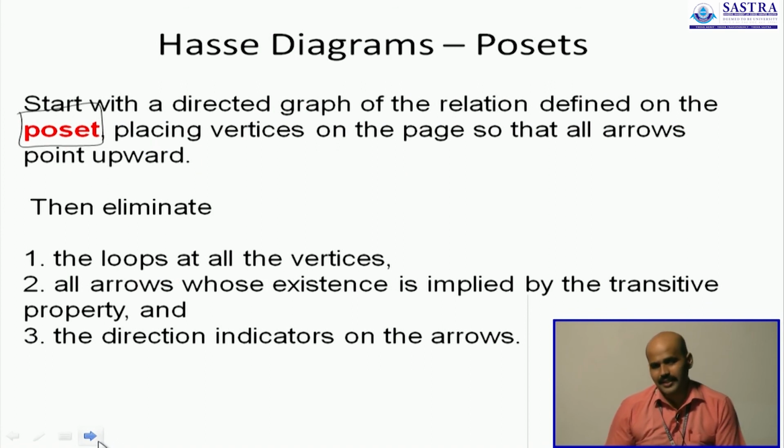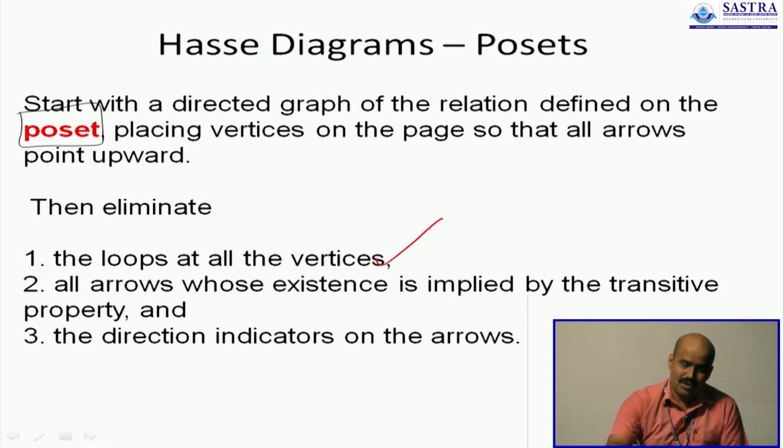Even if I don't draw a loop between 1 and 1, the way in which I have defined my Hasse diagram will help me identify that the pair A comma A is always part of the given relation.